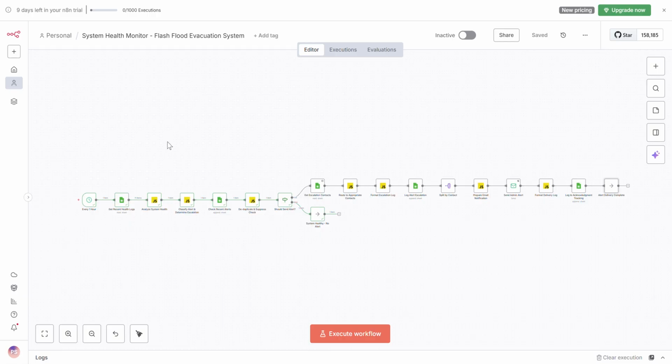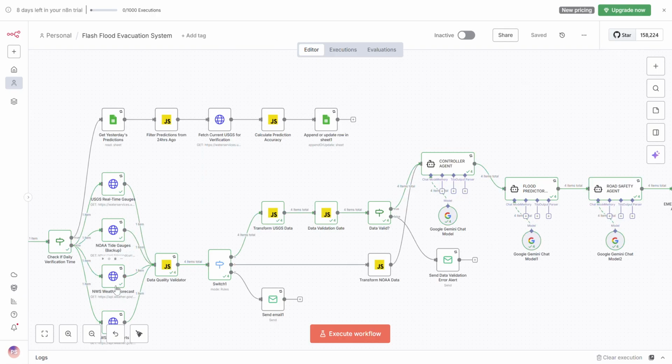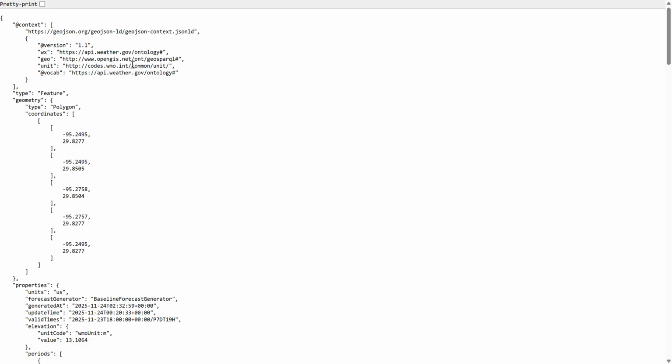And the third we are implementing is the NWS weather forecast. This gives us the current weather condition and forecast, which helps us explain why water levels are rising, and whether it is ongoing rainfall or just runoff.